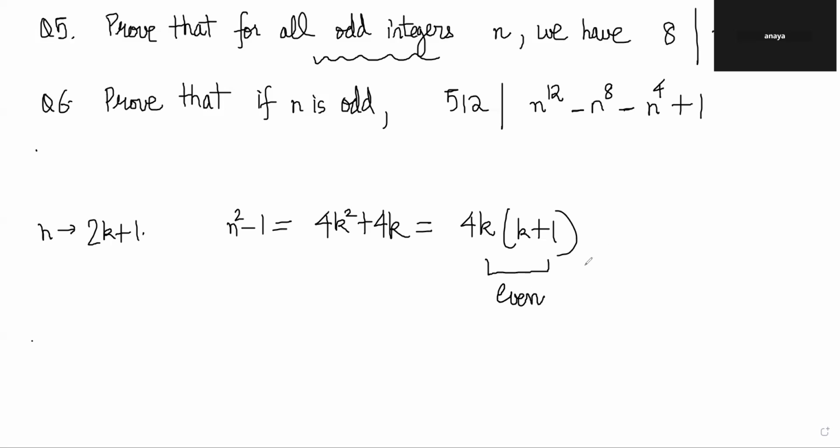And then 4 times 2 is 8, so it's divisible by 8. We know that k times k plus 1 will be an even number, so it will be something like 2m. And you will say 4 into 2m is equal to 8 into m. Clearly, 8 is dividing it. Right.